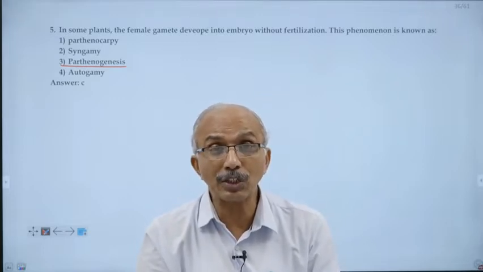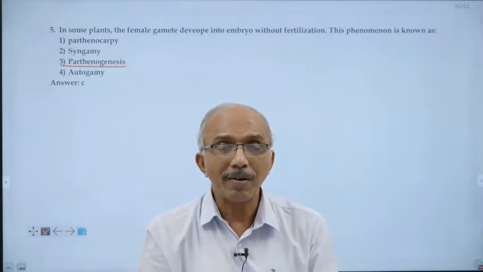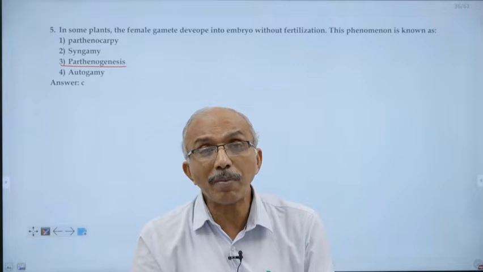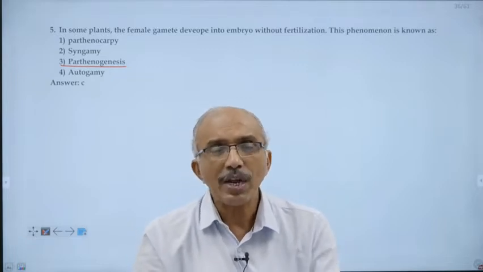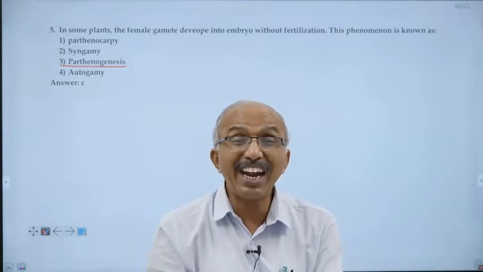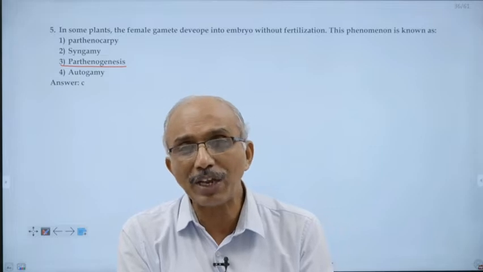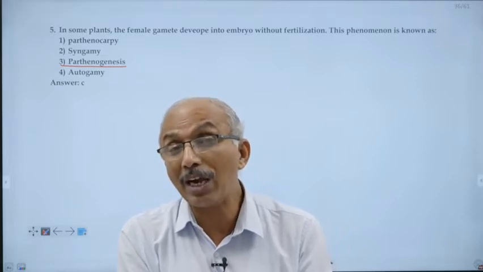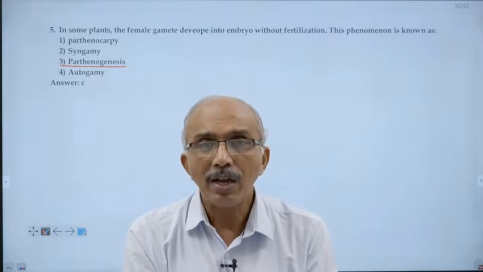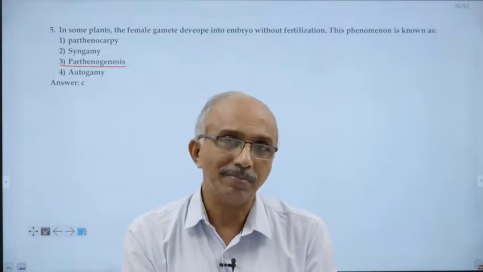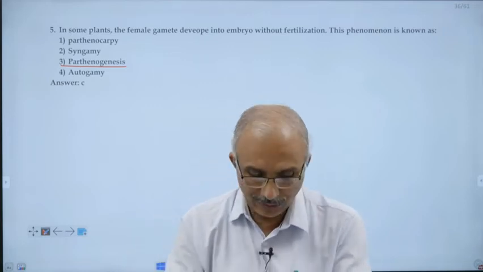Haploids are male. Diploids are female. Workers are also diploid. So chromosome number determines the sex of the individual. Haplodiploid sex determination mechanism: haploids are male, diploids are female. Now, that is parthenogenesis.